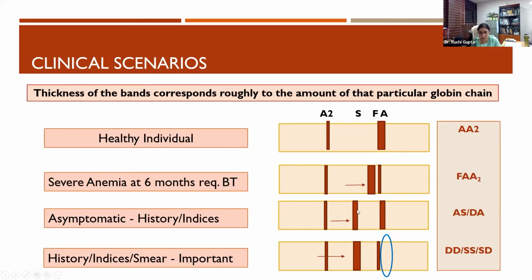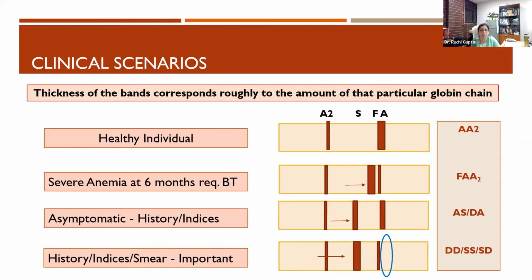But if you look at it percentage wise, the amount of this abnormal hemoglobin is almost the same as that of the A. So this still could be a heterozygous sickle, or it could be a heterozygous D. And in this situation, you really need to put up your sickling test. You need to look at your smear. You need to do sickle solubility and discriminate S and D. Or what you can do is do an HPLC where these two variants are separated out.